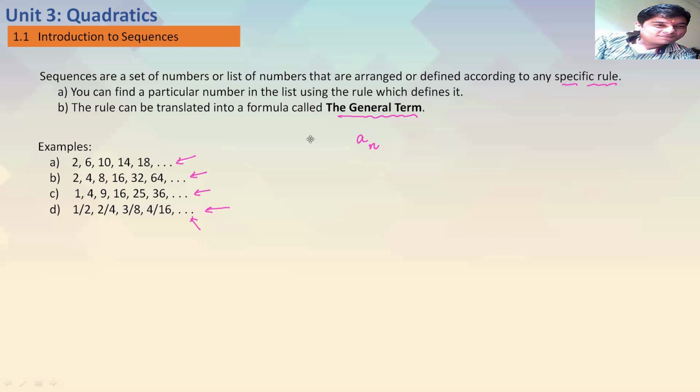It may be written as an or tn, term n. So this is written as a formula. This will give you the rule, and you will be able to find any term in that sequence using this rule.